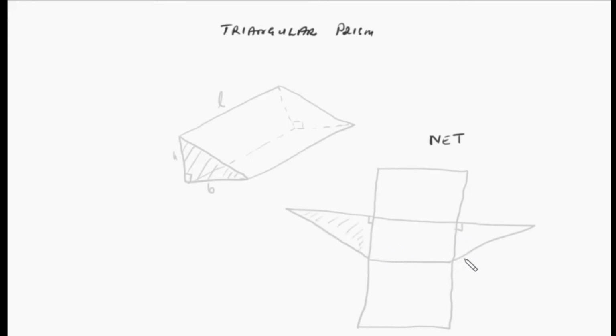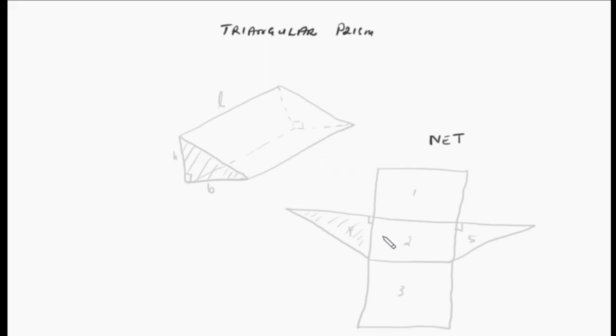And this one. Now what do we do? 1, 2, 3, 4, 5 faces. So this becomes our net, the net of the triangular prism.